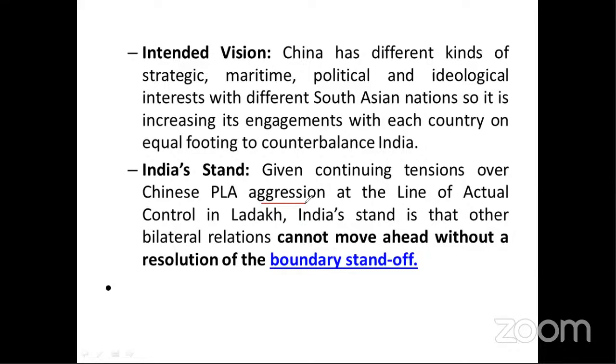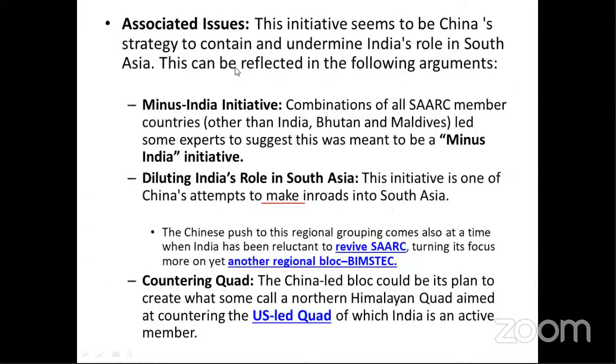So first of all, you have to stop this type of insurgency or small war happening along the borderline. Then we will think about joining any initiative. If you join an initiative while continuously violating international rules, then obviously it will not be fruitful for us.